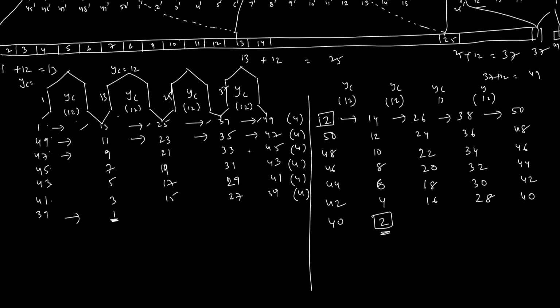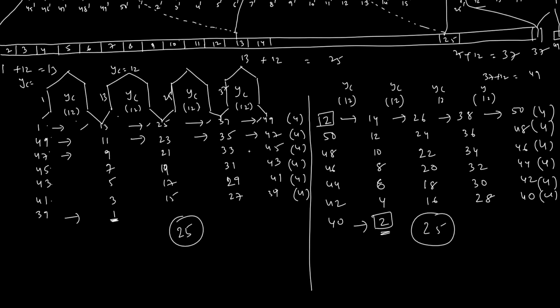So how many coils in this loop? 4, 4, 4, 4 and 4, so 24, plus this coil makes 25 coils on this circuit. So we have independent closed circuits like this.